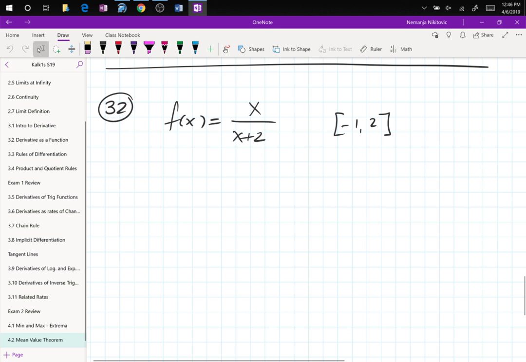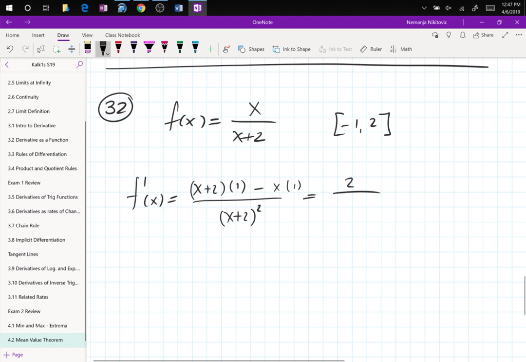All right, let's see. So we need the derivative, which would be, you can use quotient rule. So we have x plus 2 squared, x plus 2 times 1 minus, and then we have x times 1. So this is x and x will cancel, 2 over x plus 2 squared.